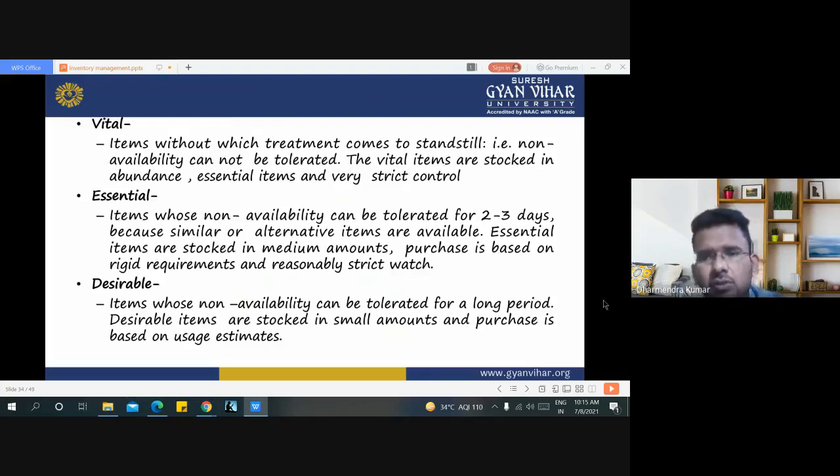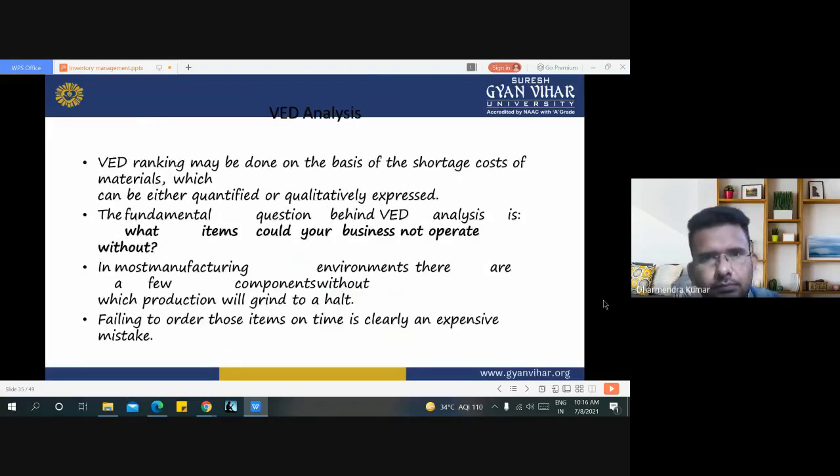On the basis of the requirement of that component or raw material, we place different types of components in these groups: vital, essential and desirable. This is the overall theoretical aspect of VED analysis.